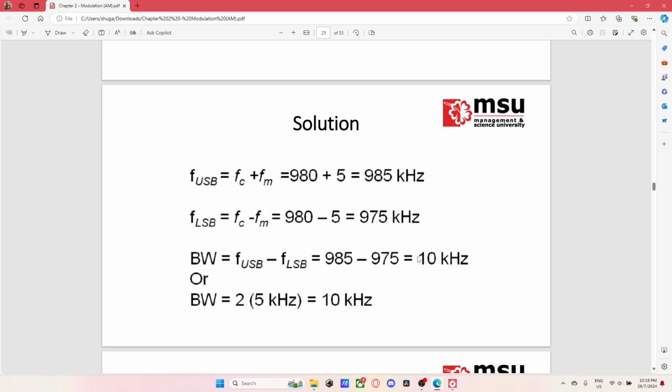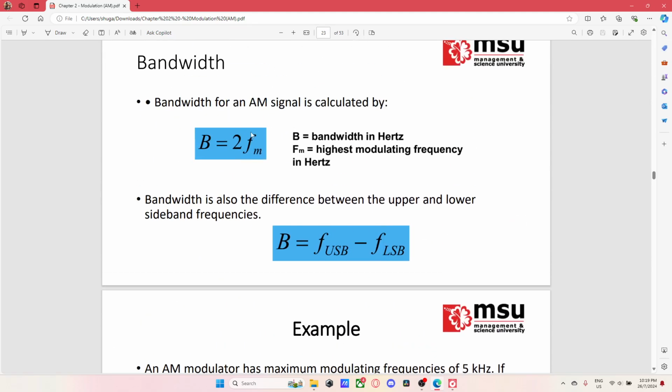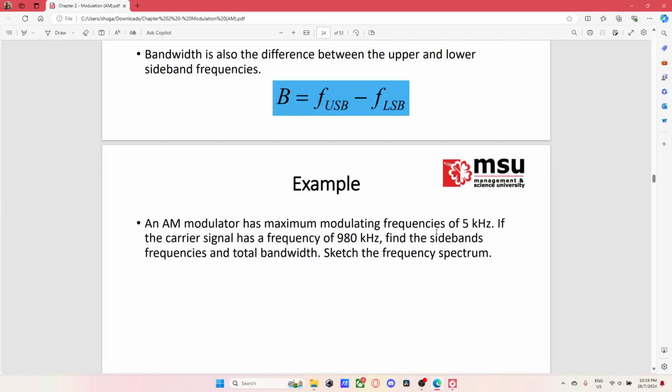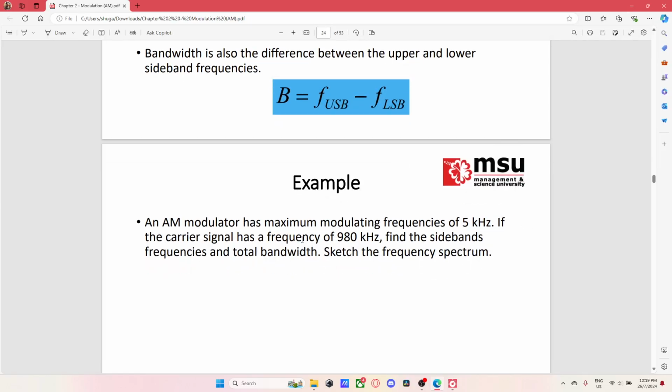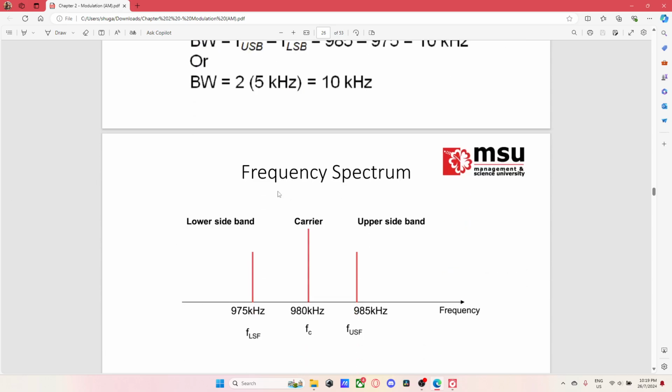That is our bandwidth. If we are using 2FM for our bandwidth, just use this value because this is your FM, right? 2 times 5 is equal to 10 kilohertz, which is the same answer as the previous one.